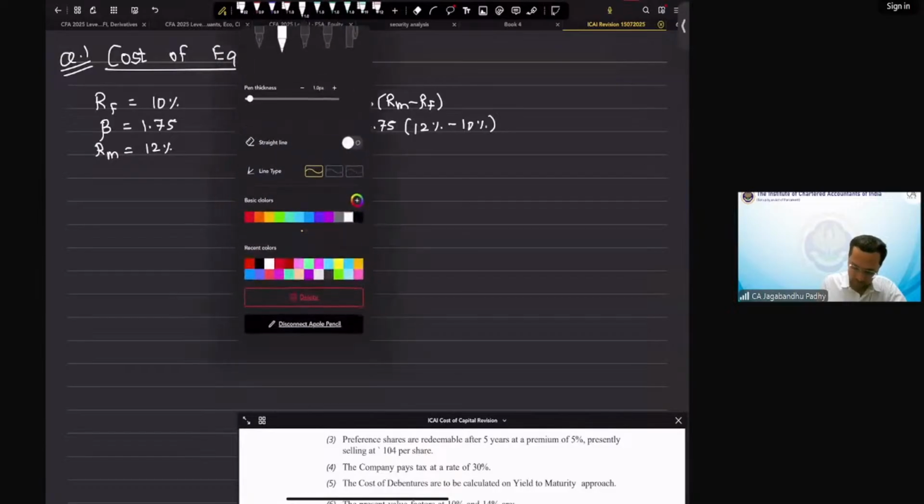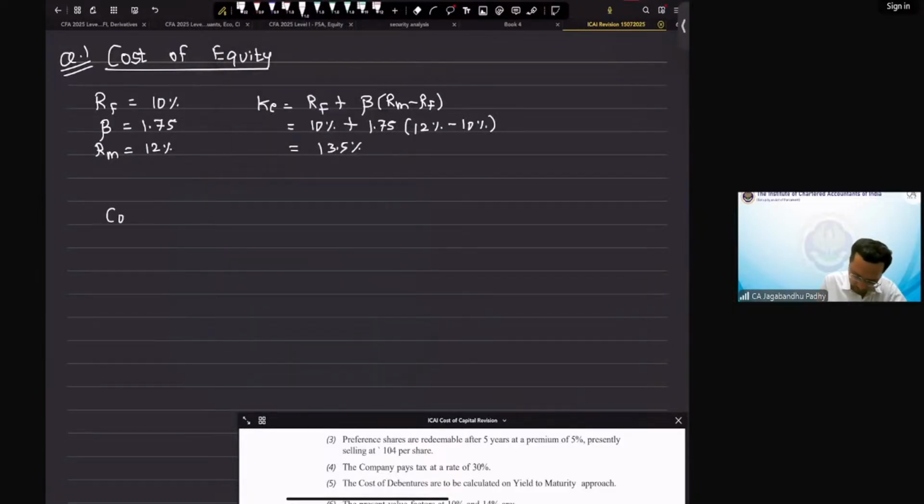Cost of preference shares. So cost of preference shares, they are redeemable after 5 years at a premium of 5% and presently selling at 104.